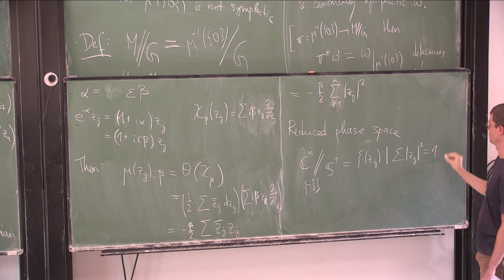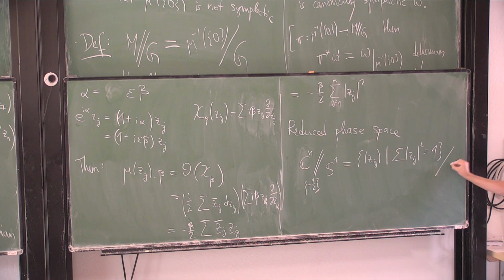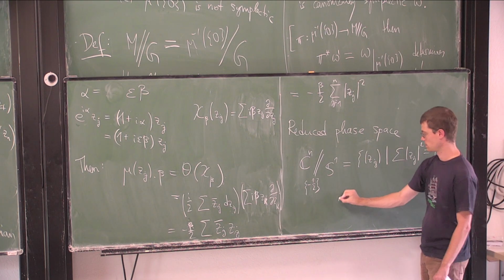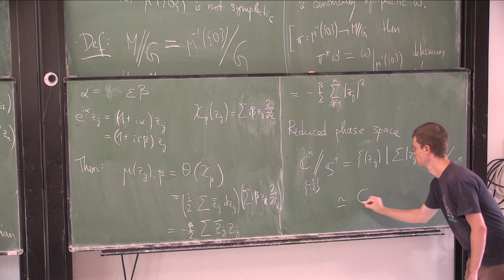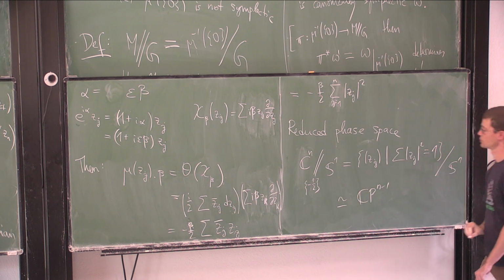So this is a sphere, and you still have the quotient by this S1. And this is exactly CP^(n-1). So it's a projective space.